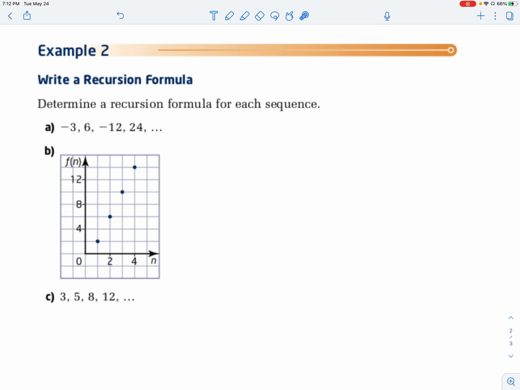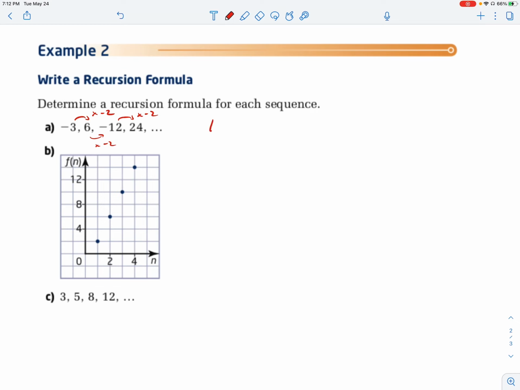So obviously we're multiplying by a negative to get the sign to change each time too. So the pattern is we are multiplying by -2 each time. You can see if you multiply by -2 each time, you can go from -3 to 6 to -12 to 24.